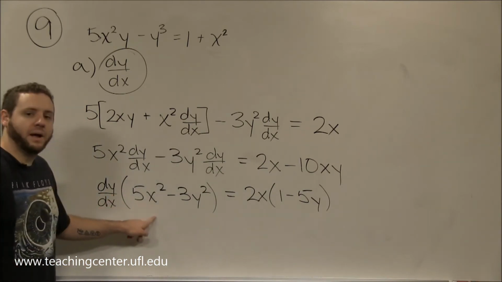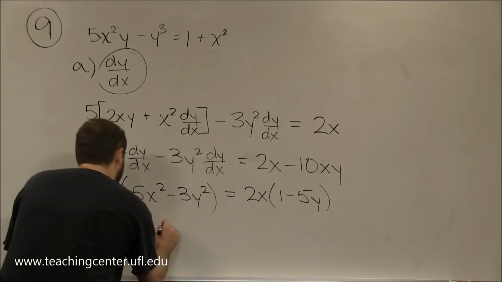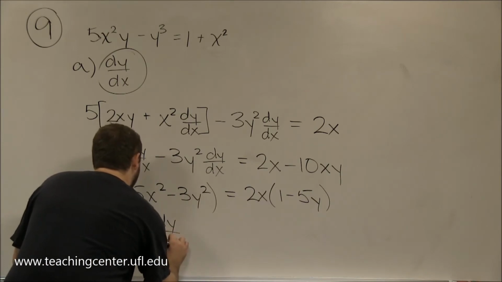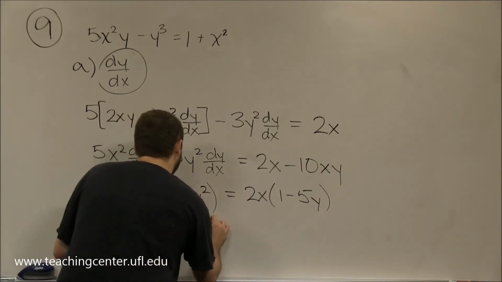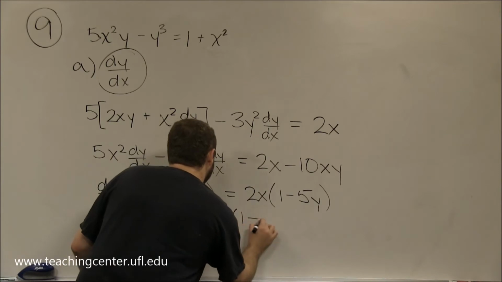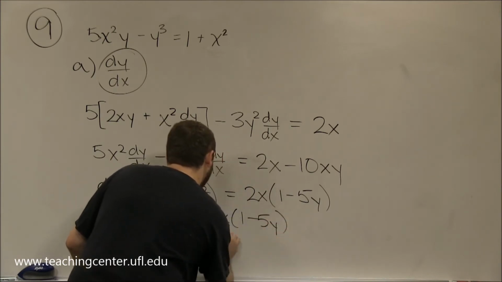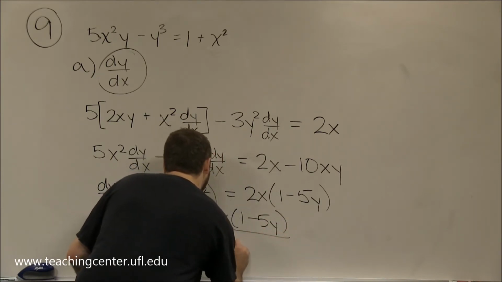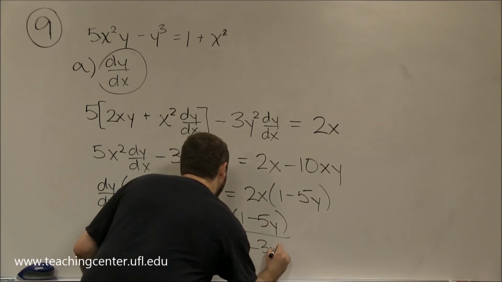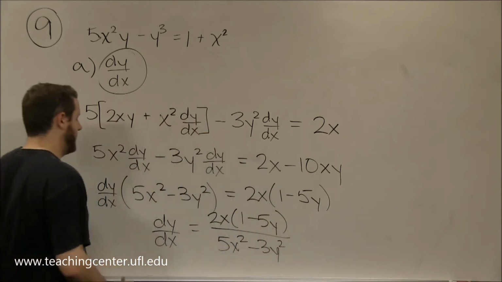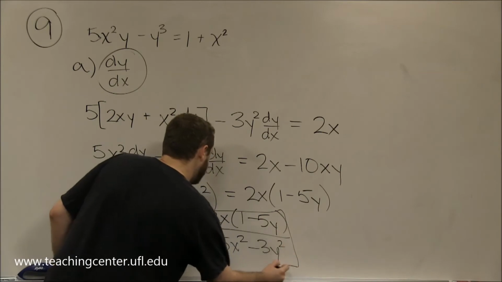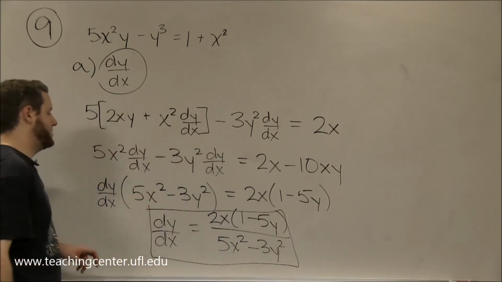And finally, we divide by everything that's not dy dx. So dy dx is equal to 2x times 1 minus 5y divided by 5x squared minus 3y squared. So this is our dy dx term. So that answers part A.